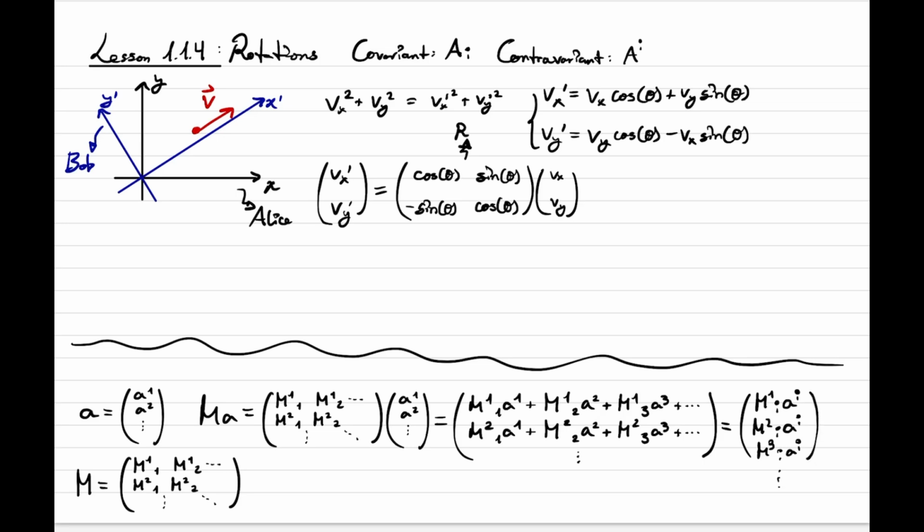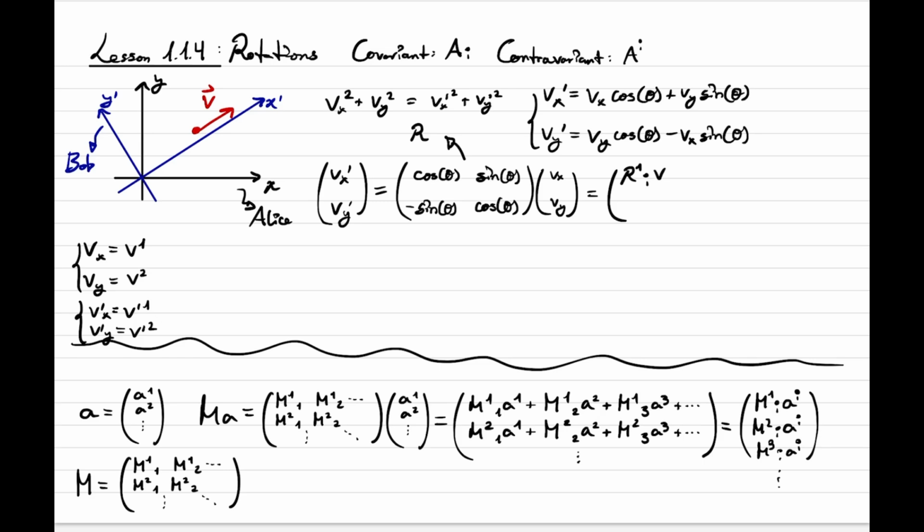Okay, so taking this into account, if we name this matrix R, we may write this as R^1_i, and now we are going to treat the vectors. Vx is going to be V^1, Vy is going to be V^2, and from the prime components, V prime x is going to be V'^1, and V prime y is going to be V'^2.